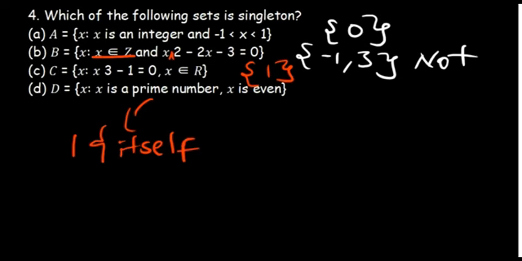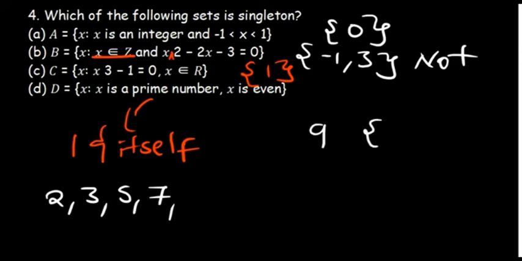Examples are 2, 3, 5, 7. 9 is not a prime number because it is divisible by 1, 3 and 9. So we already have 3 factors there.